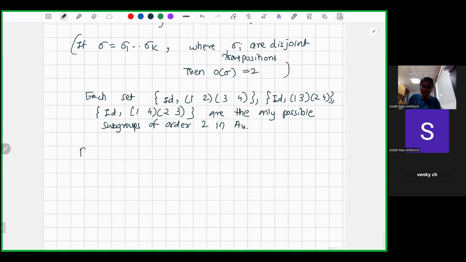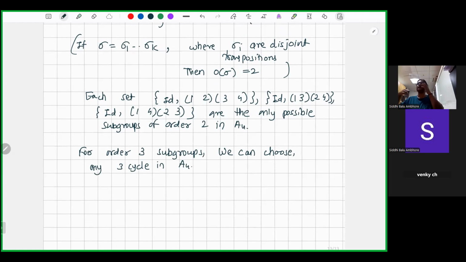And for three cycles, so for order 3 groups, we can just choose any 3 cycle in A4, right?